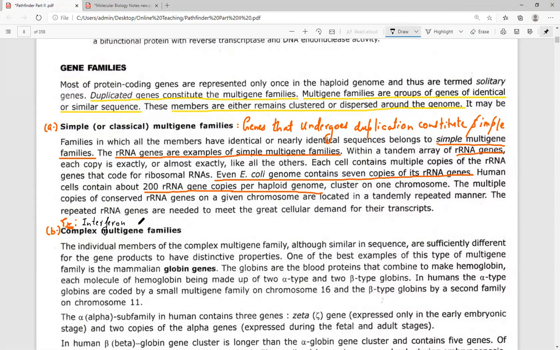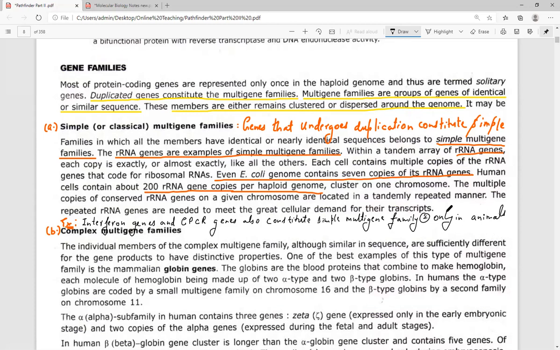Interferon genes and GPCR genes also constitute simple multi-gene families present only in animals. Okay, they are absent in the case of plants.